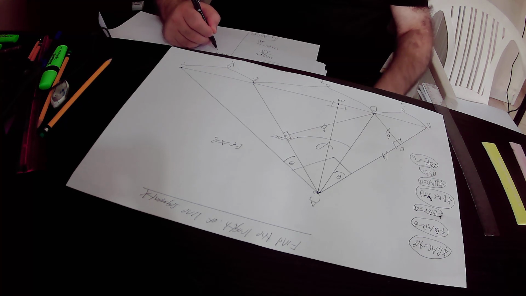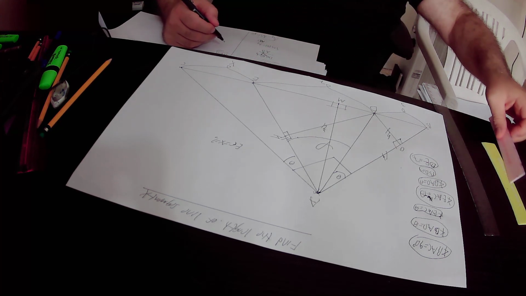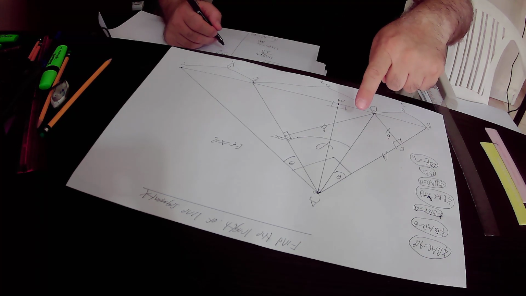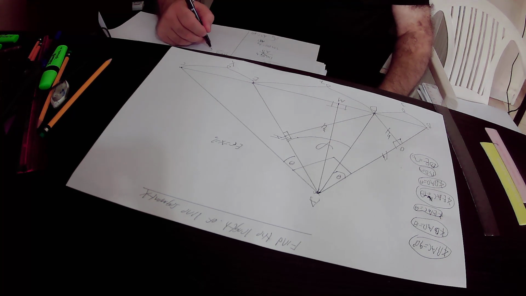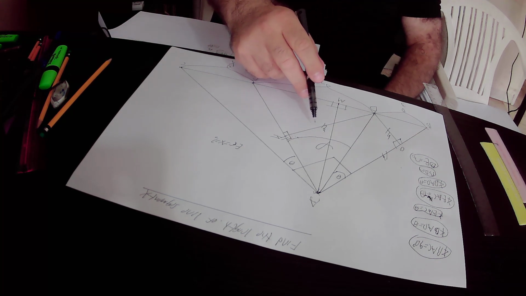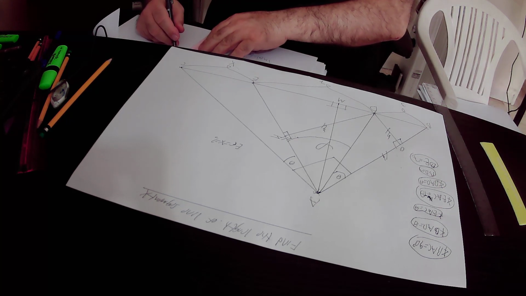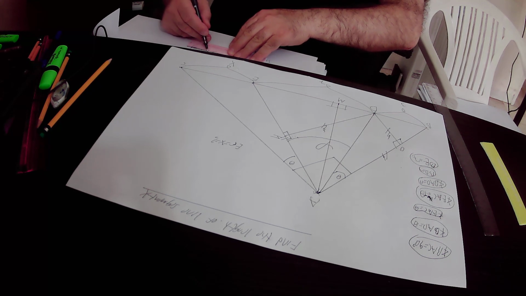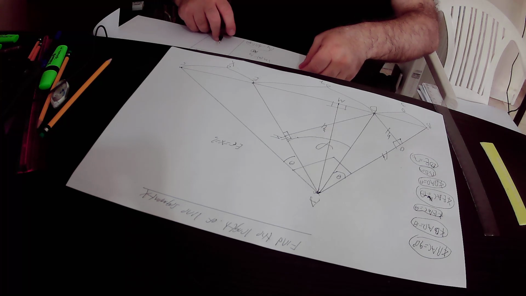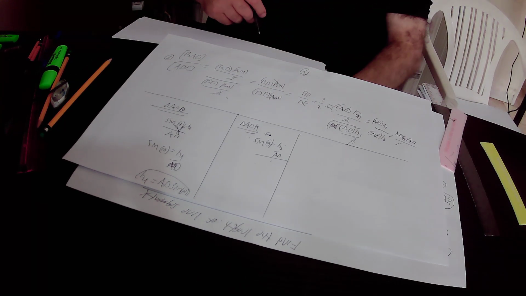In the right triangle ADK, sinus alpha will be equal to H2 over AD.